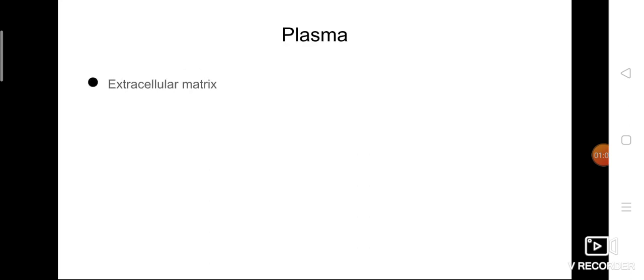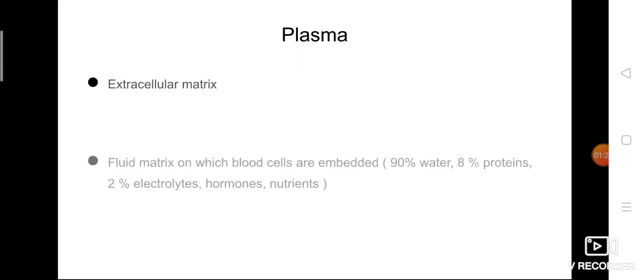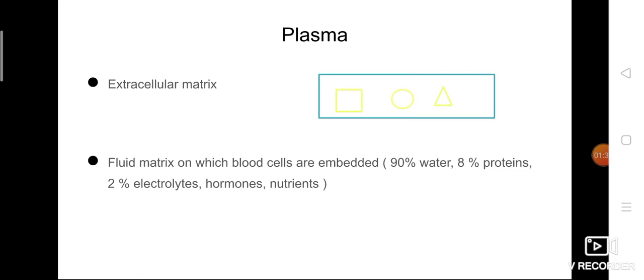The first one is plasma. We have seen that most of the test tube after centrifugation is occupied by plasma. That is nearly 55% of blood contains plasma, isn't it? Okay, what is plasma? Plasma is an extracellular matrix. What do you mean by extracellular matrix?